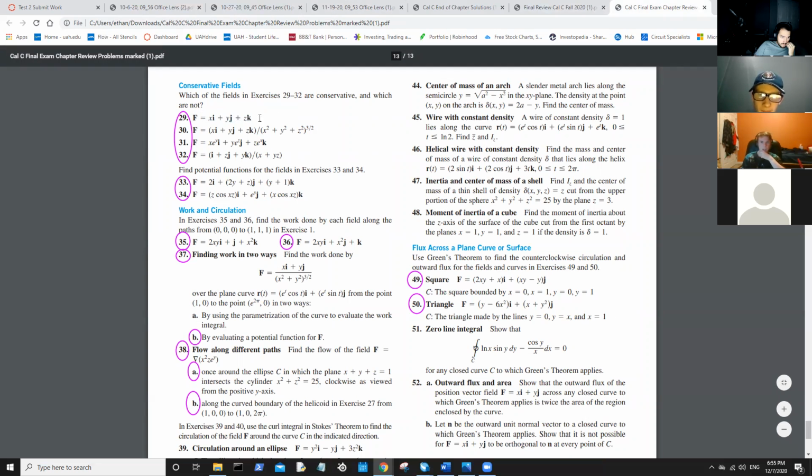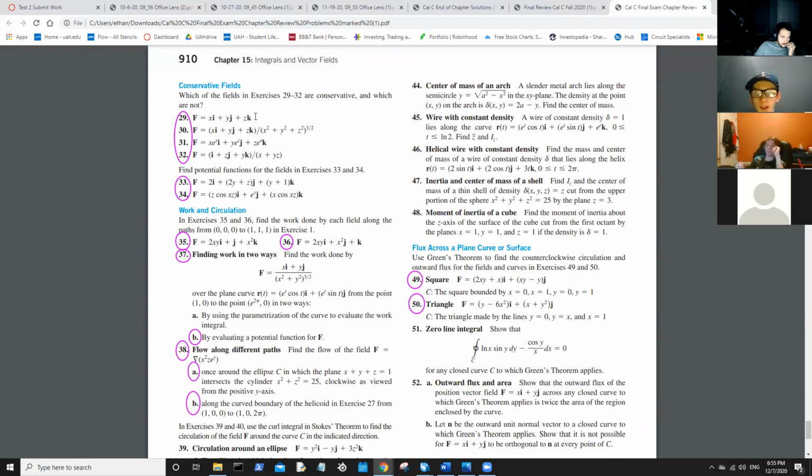All right, so I can tell you that this is conservative, because everything's going to be 1, 1, 1. You just take the partials. Partial with respect to x is equal to the partial with respect to y. Yes. Partial with respect to y, is it equal to partial with respect to z? Yes. Partial with respect to z is equal to partial with respect to x? Yes. You're done.